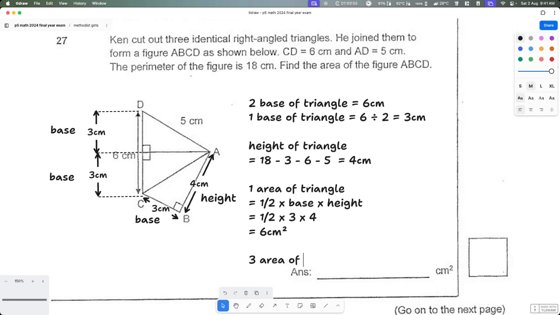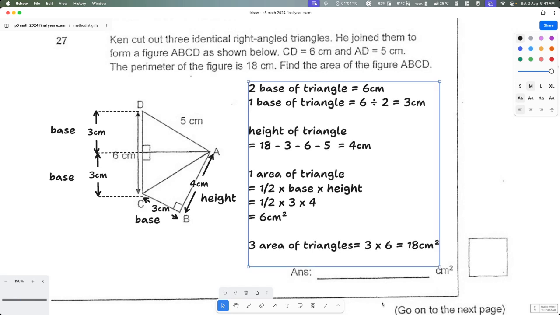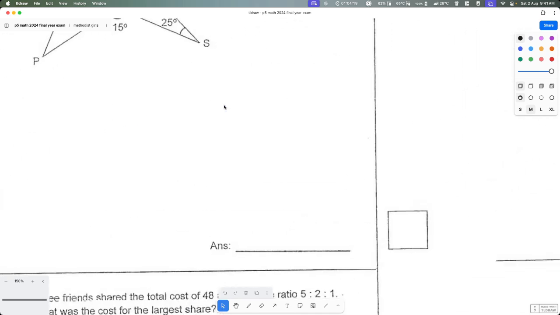Area of triangles is equal to 3 times 6, which is equal to 18 centimeters squared. And there you go, that's the answer. So the answer to this is 18 centimeters squared. Ooh, a tougher one. Yep, that's it. Okay, let's move on to the next question.